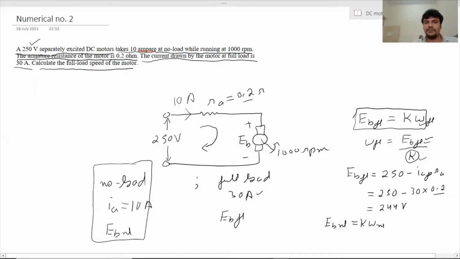Omega NL is given as 1000 RPM, the no load speed of the motor. EB NL we can calculate by KVL, and then we can find our value of K. Then we can put the K value in our equation and find omega FL.